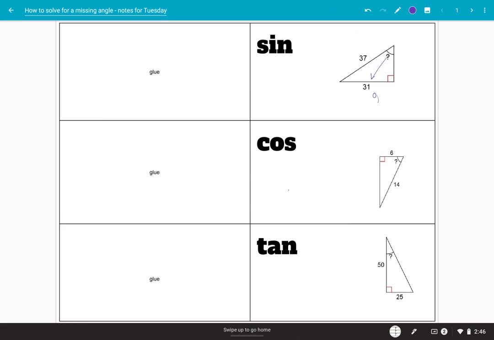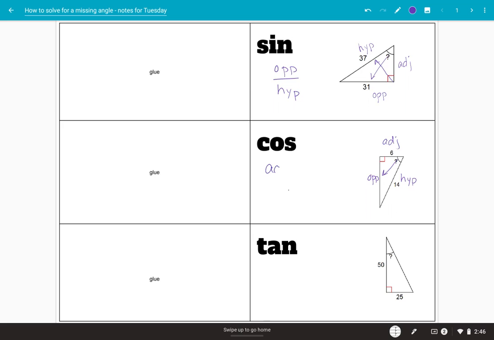Always our first thing. Remember, opposite, hypotenuse, and adjacent. Hypotenuse is always across from the right angle. And sine is always going to be your opposite over your hypotenuse. Adjacent, if you guys remember this, opposite, hypotenuse, and adjacent.